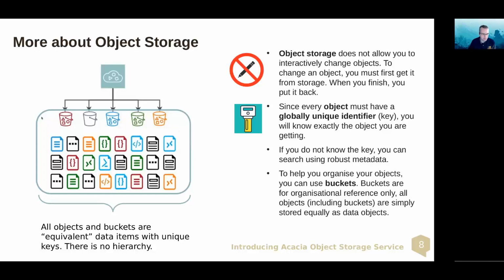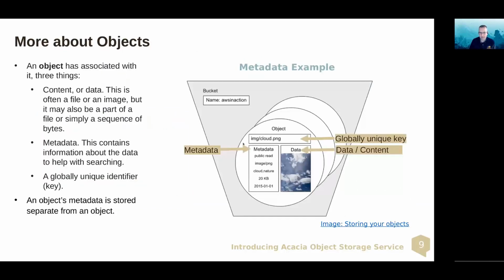So if every bucket is unique and every file within a bucket has a unique name, then that's how you guarantee that every object has a unique key or a unique name. The next thing that you can have associated with an object is metadata.